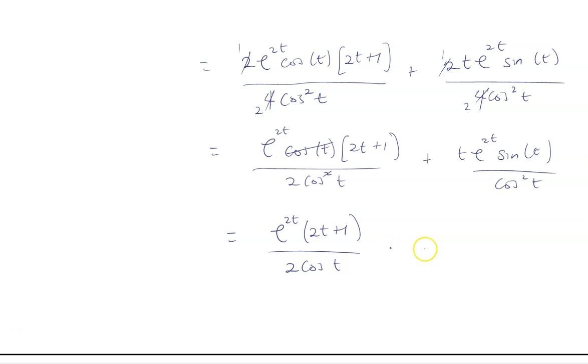Multiply by this one, I'm going to get t e^2t times sine t over cos t, which gives us tan t, right? Tan t multiplied by 1 over cos t. I just took one of the cos t, right? This side is the same as cos t, and I related the sine t here and the cos t here to be tan.